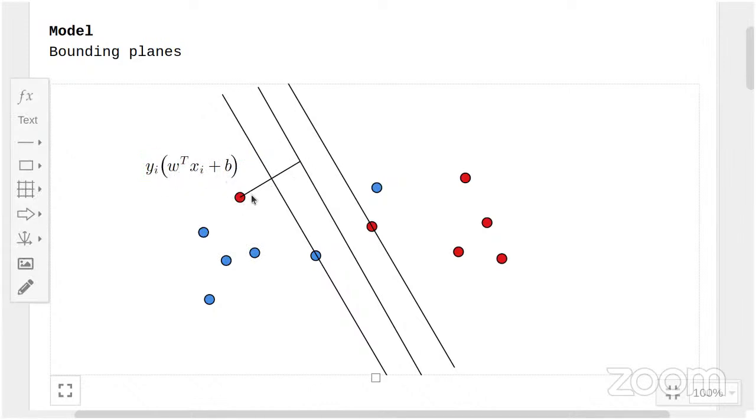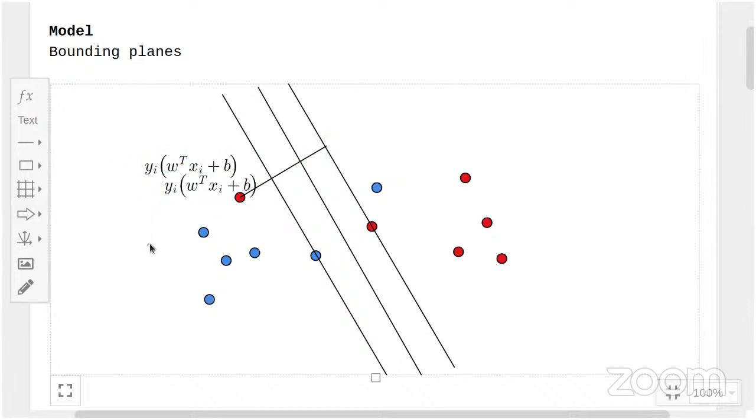Do you all see that? Why is this negative? Because yi is actually +1, but this is okay. So this is negative. Now this distance is what? That is 1, right?